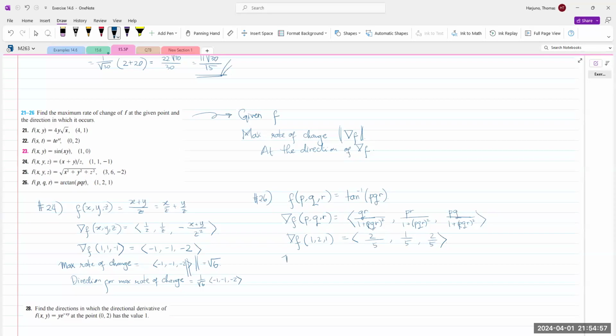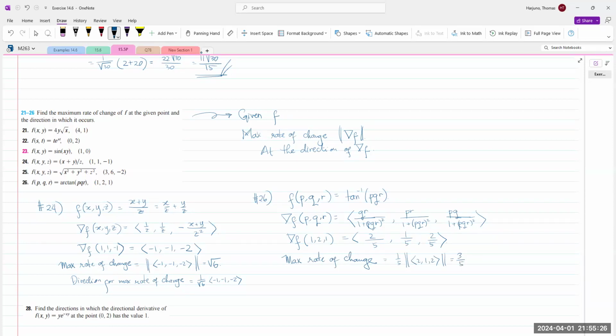So the maximum rate of change, oh, I need to correct this, is equal to 1/5 times the magnitude of (2, 1, 2). I factor out the 1/5 and then compute this, which is 3, I believe. So it's 3/5.